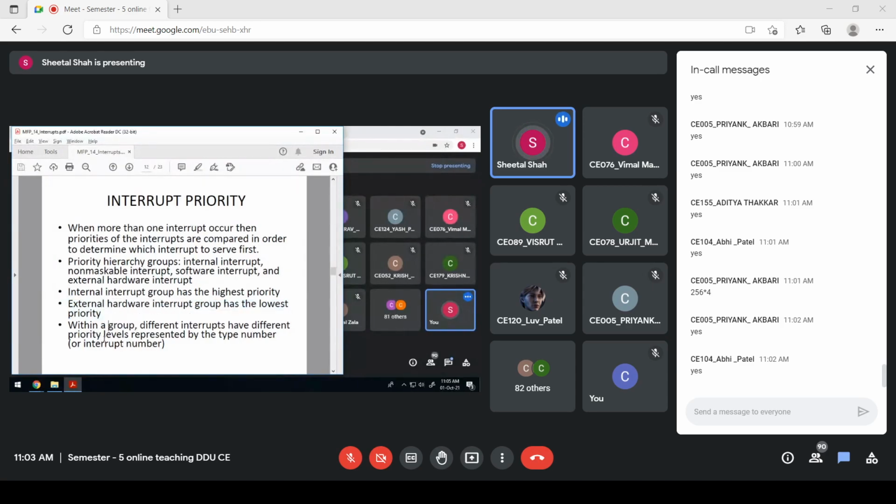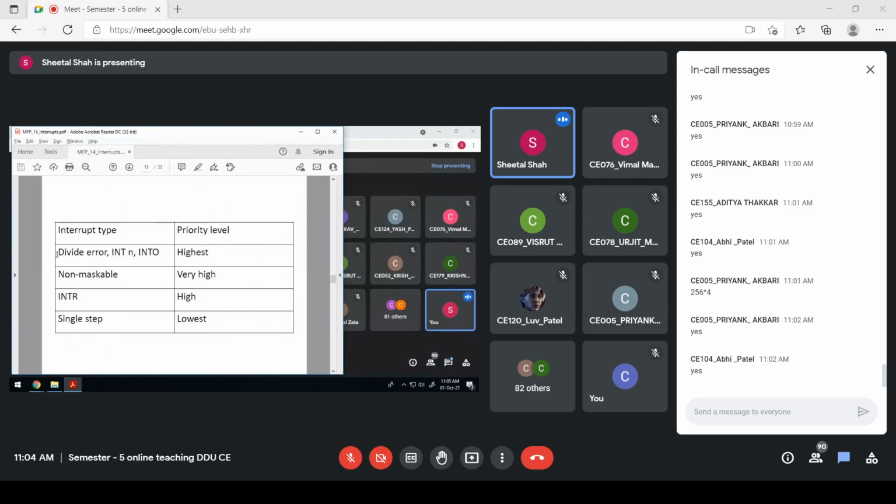Within a group, different interrupts have different priority levels by the type number. So for example, type 0, type 1, type 2, etc. The one having the lower number has the higher priority. For example, here a table is given.